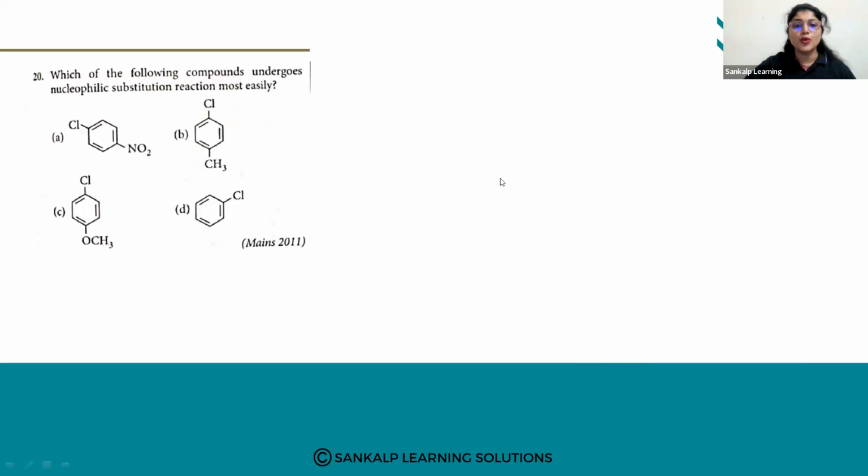Which of the following compounds undergoes nucleophilic substitution reaction most easily? Now here, first of all, for nucleophilic substitution reactions to occur more easily, there should be presence of what type of group? There should be presence of electron withdrawing groups.